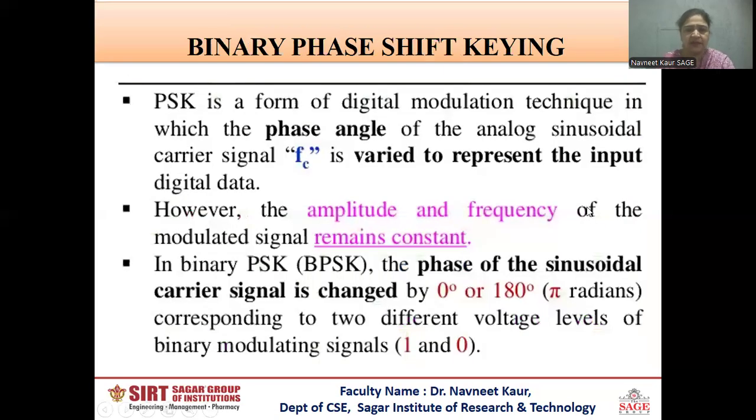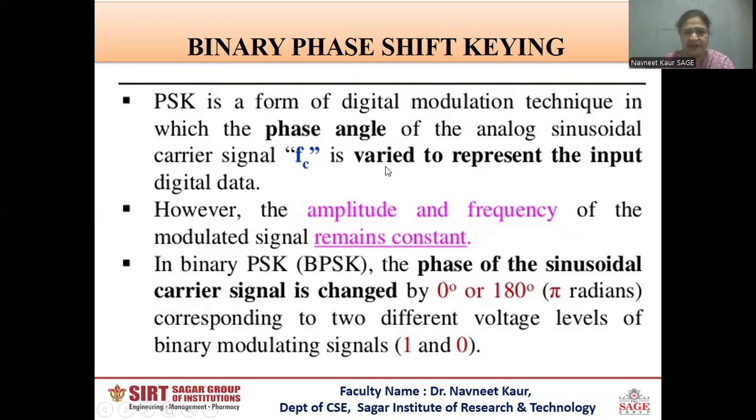Now, first, we will see the first type of the digital modulation system, which is known as binary phase shift keying. It is also called BPSK in short. BPSK is a form of digital modulation technique in which the phase angle of the analog sinusoidal carrier is varied to represent the input digital data.